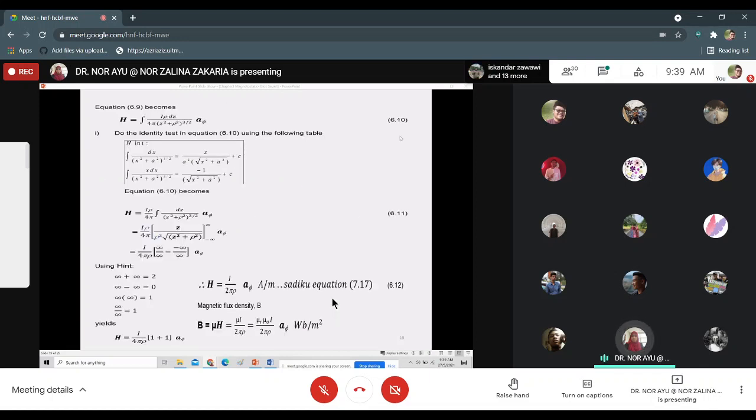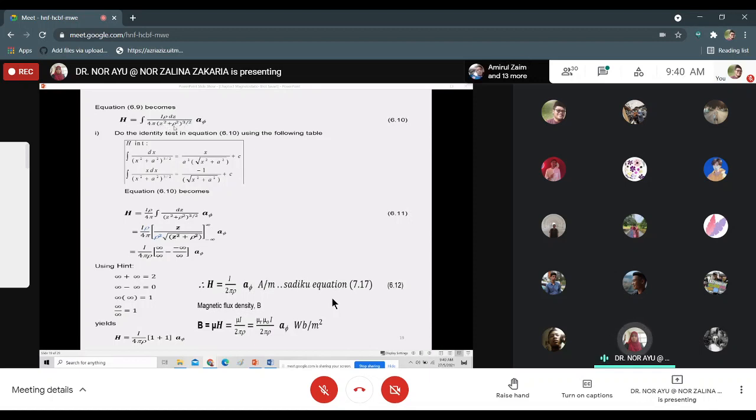Okay, so bila kita dah settle down dengan cross product tadi, we rewrite dia balik semula. So tadi kita ada I dl cross dengan r. So dl cross r dah jadi rho dz a phi sahaja kan. So kamu tulis semula dia something like this, and then divide by 4 pi (z squared plus rho squared) to the 3/2.